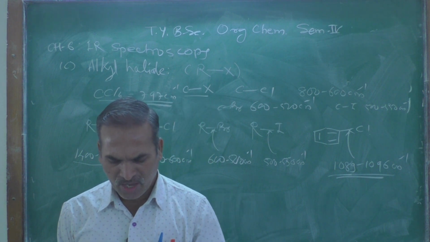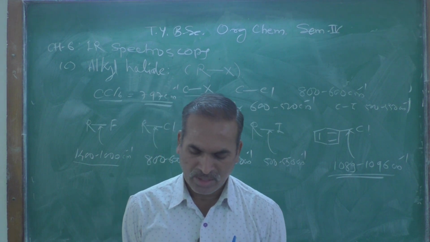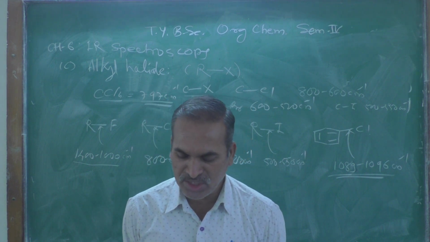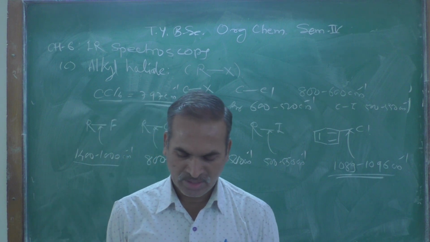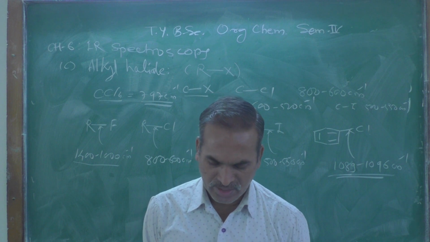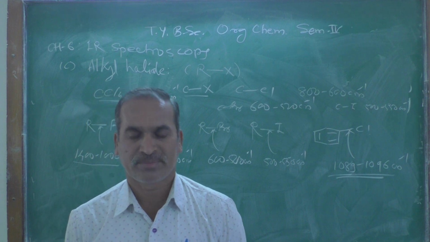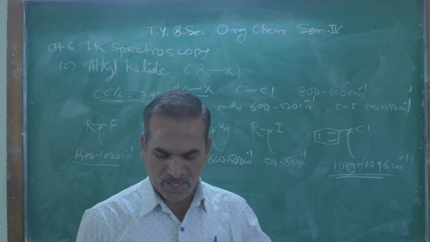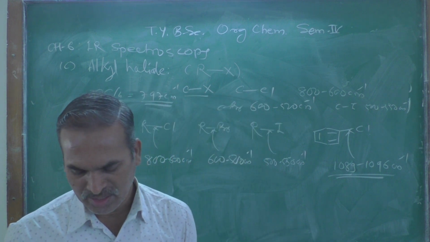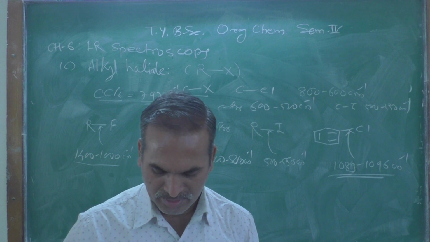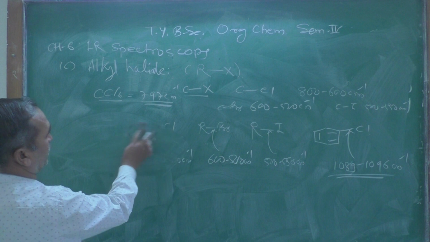The effect of the halogen atom is also seen on the stretching and bending frequencies of the CH bond. Figure 6.6 illustrates this effect for 2-bromopropane, that is isopropyl bromide, and the IR spectra are shown here.